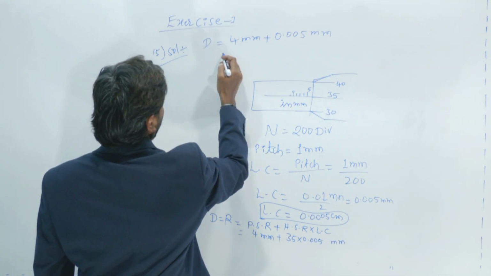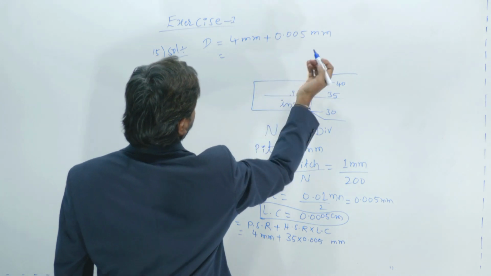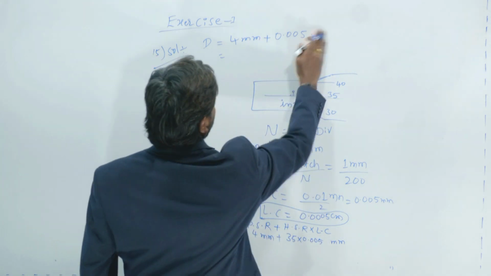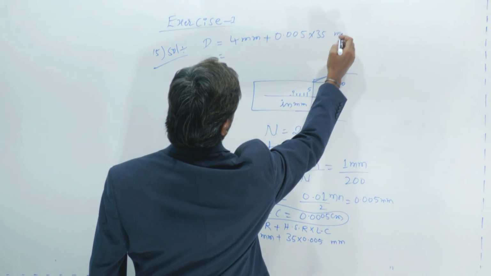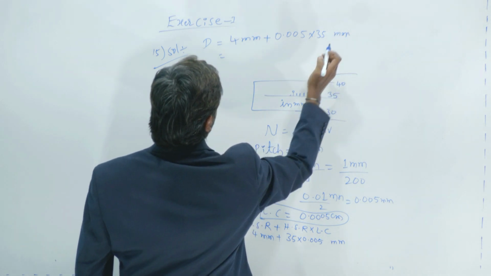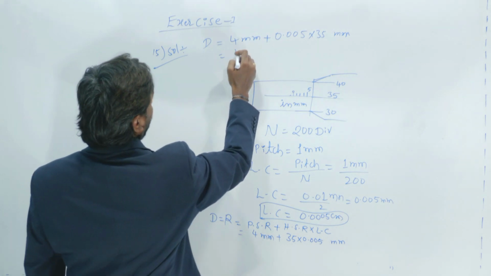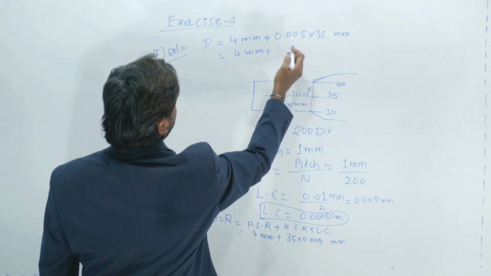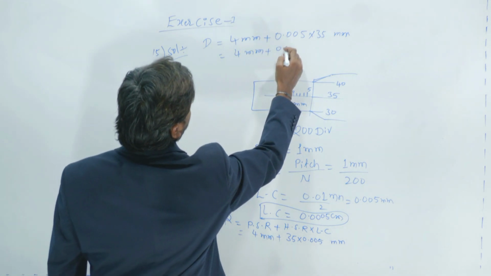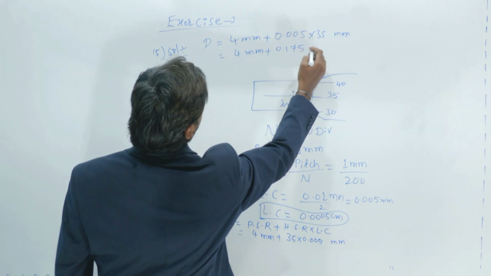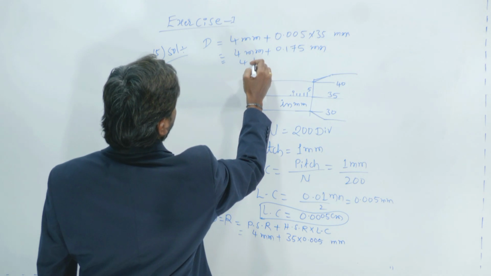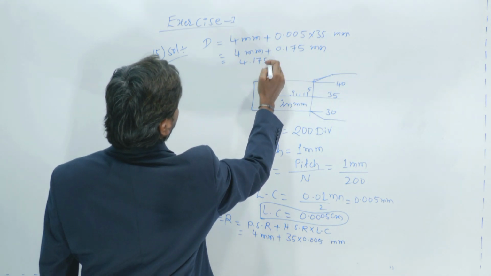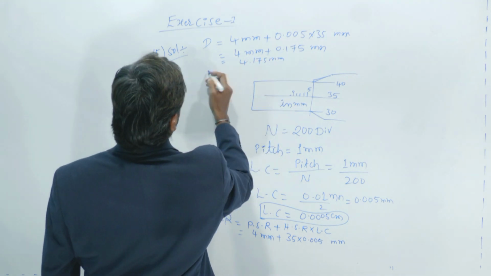So diameter is equal to 4 mm plus 35 into 0.005 mm, so 4 mm plus 0.175 mm, that is 4.175 mm. This is a diameter, no?